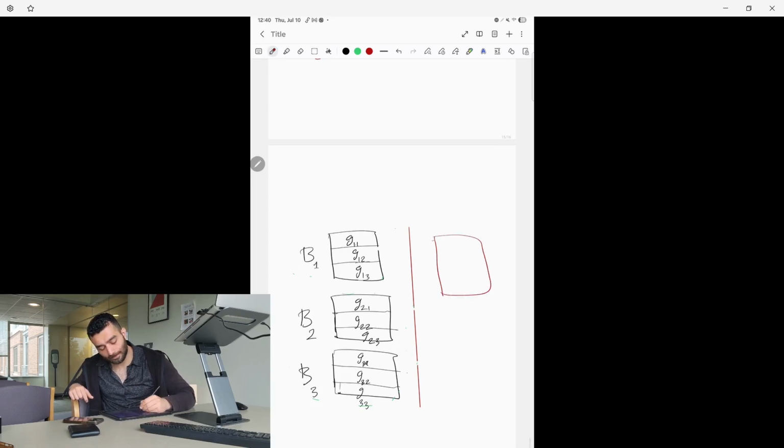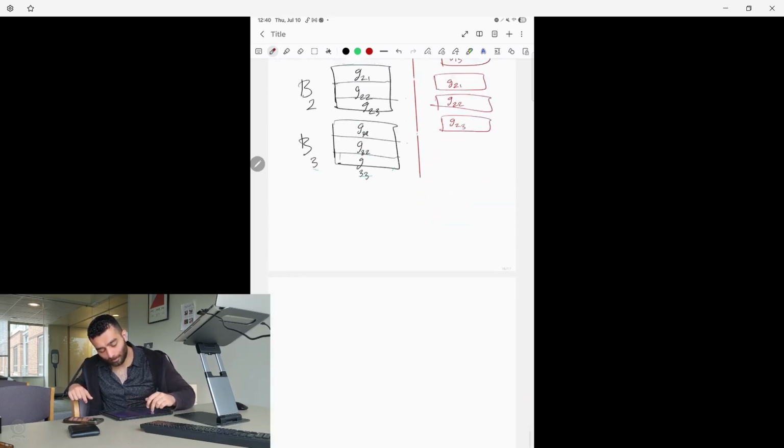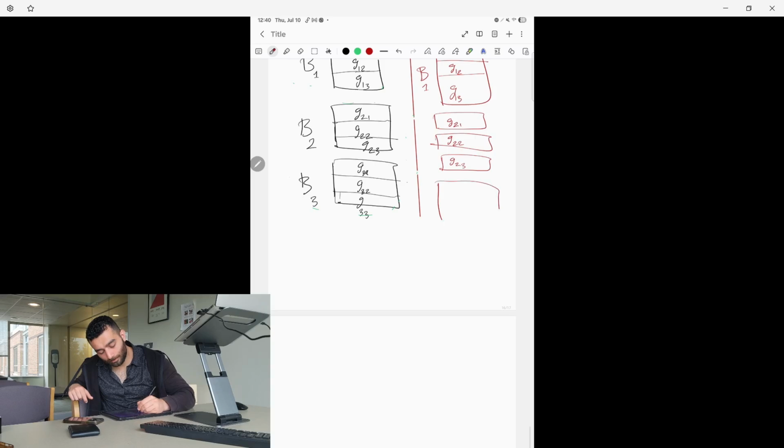So it stays the same, B1 stays the same. Okay.